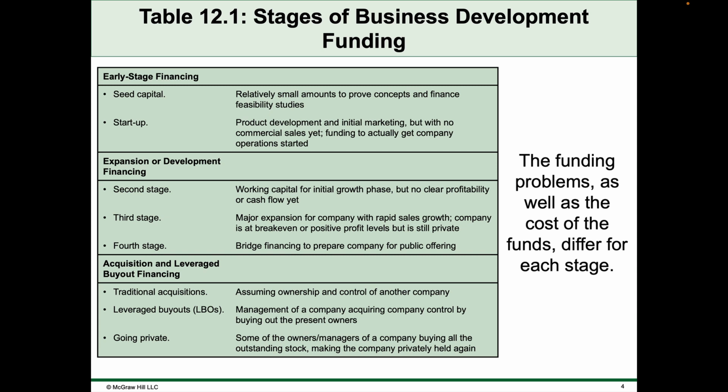In any case, early stage financing is essential because this is the stage where you are proving concepts, you're financing feasibility studies, you are doing initial marketing and product development. So the thing is, where does money come from? Obviously, it comes from the owners as well as friends and family and perhaps an angel investor.